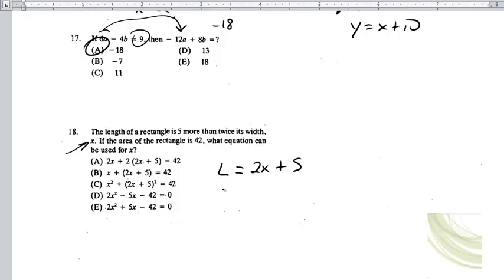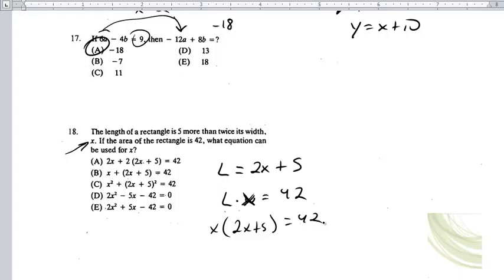Anyway, it says if the area of the rectangle is 42, so length times width is 42, what is the equation that can be used for x? All right, so I'm just going to substitute this in. Oh, by the way, this is x here. And I'm going to say x times L, which is 2x plus 5, equals 42.